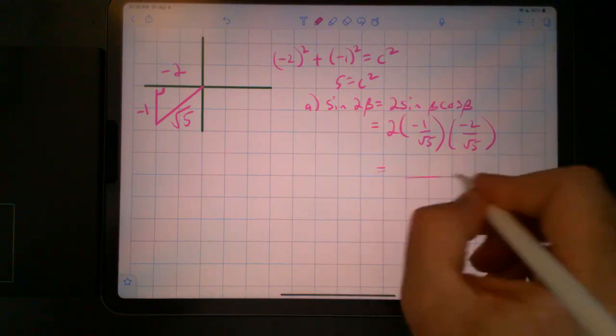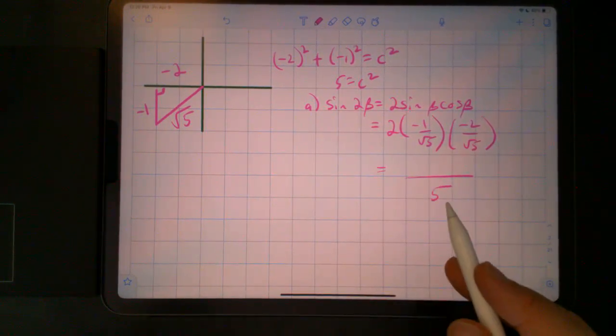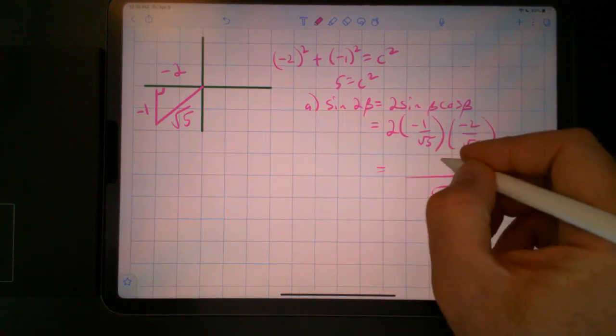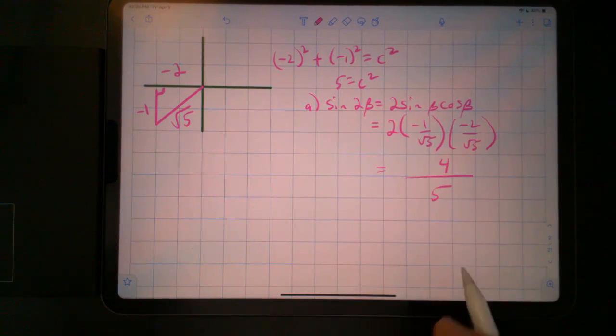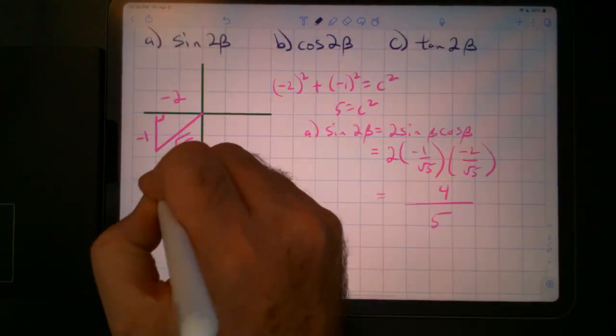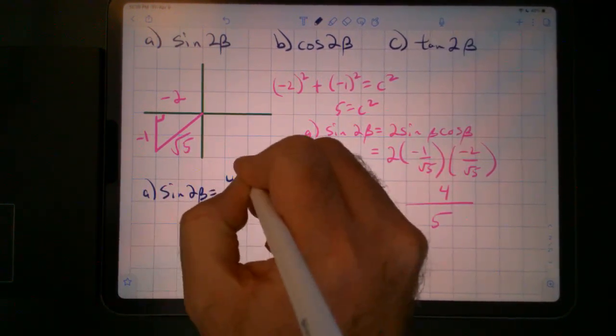So when I multiply this out, radical 5 times radical 5 is positive 5. Negative times a negative is a positive, and so this is going to be 4 over 5. So sine of 2 beta is equal to 4 over 5.